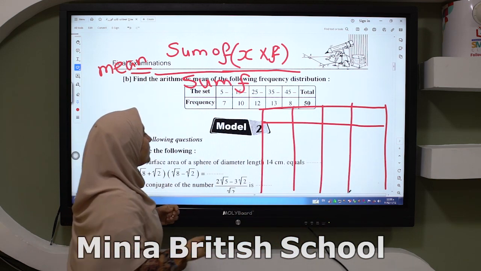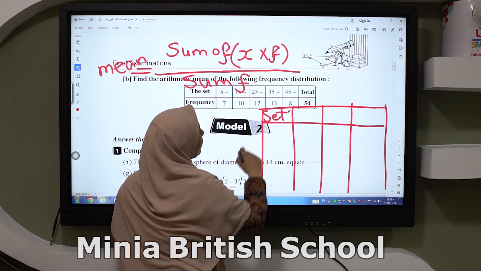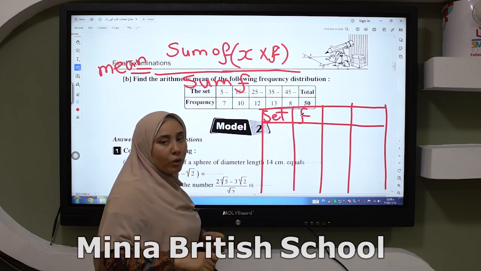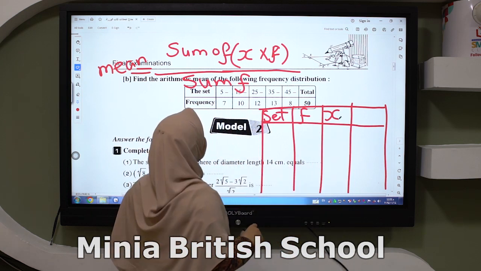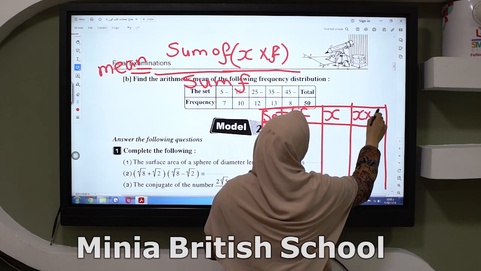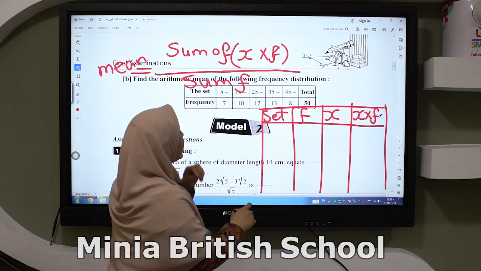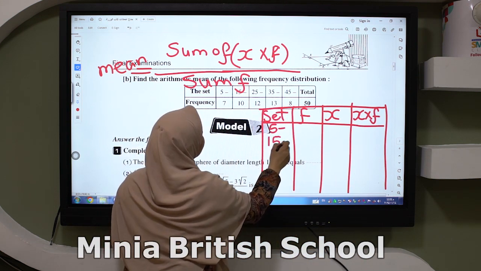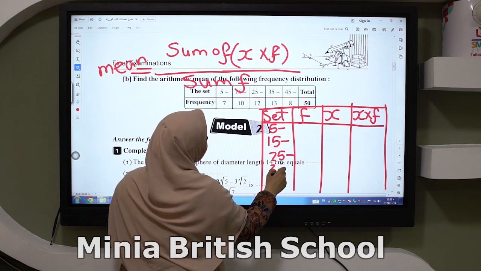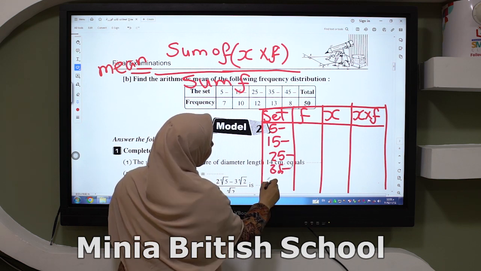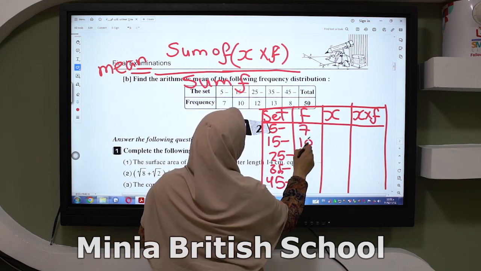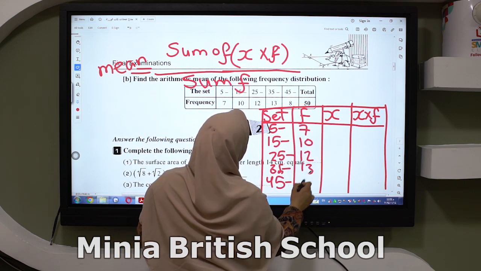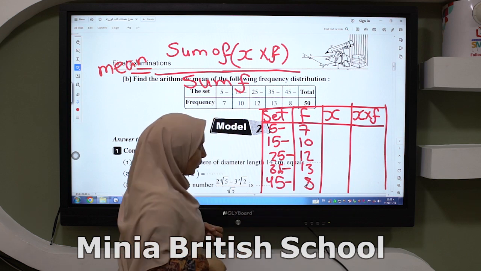First column represents the set, second one represents frequency, third one represents the center, which is denoted by x, and the last one represents x multiplied by f. Set here 5, 15, 25, 35, 45. And the frequency 7, 10, 12, 13, and 8.